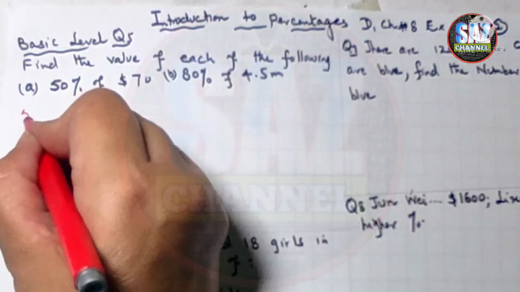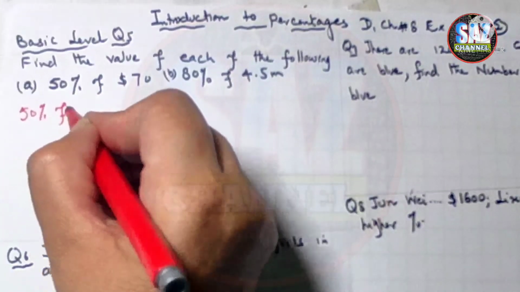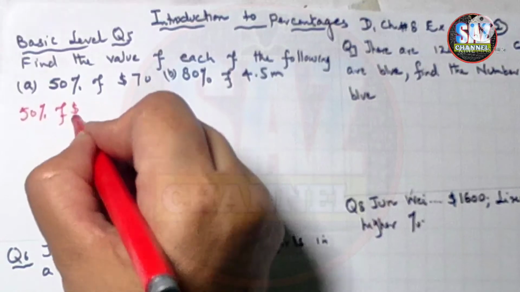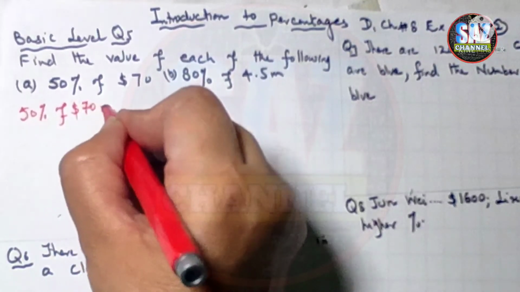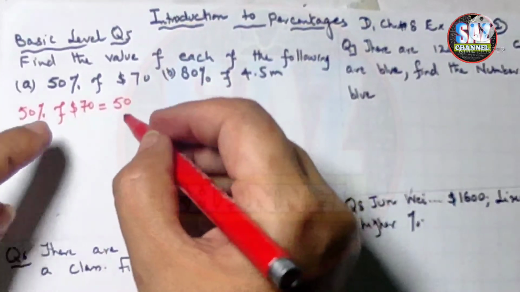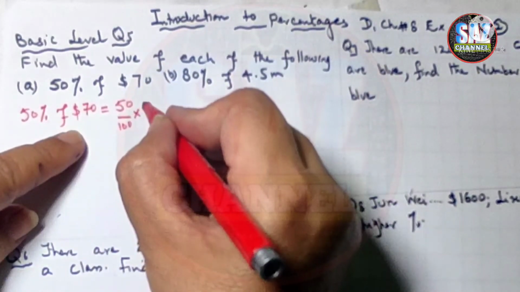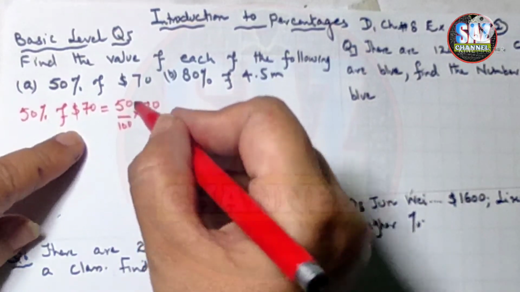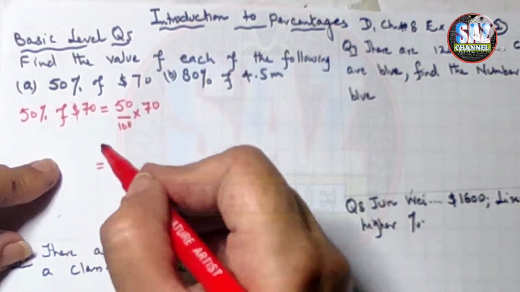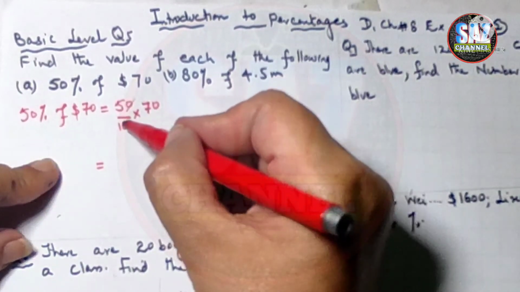So 50% of $70 equals 50 over 100 multiplied by 70, where of means to multiply. It's up to you how you make your calculation easy. For me, look, 0 goes with 0, 0 goes with 0.